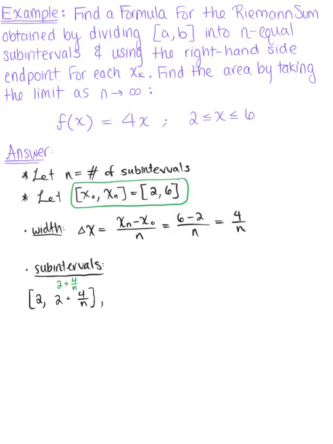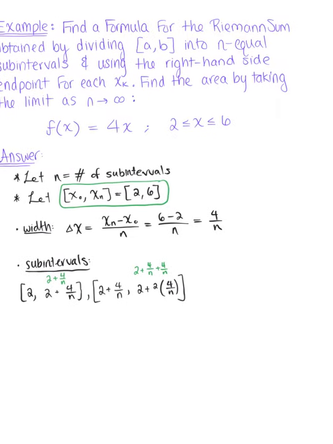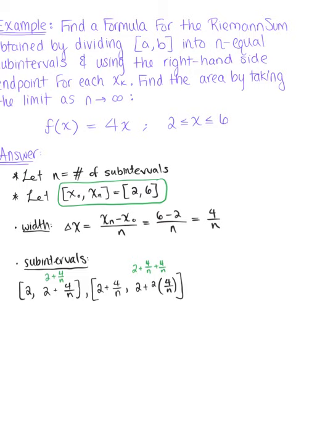Then our next subinterval is going to start at 2 plus 4 over n. We need to take this endpoint, 2 plus 4 over n, and add another width to it. So we're adding another 4 over n. I'm going to leave this as 2 plus 2 times 4 over n, or you can think of that as 8 over n, but I'm keeping it in this formation to help us with our kth subinterval.